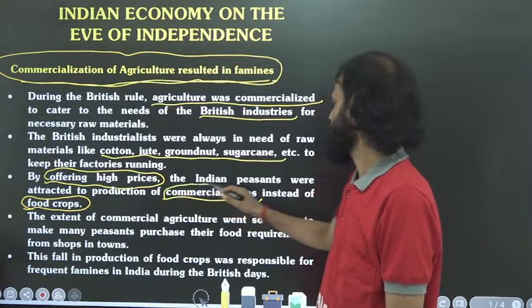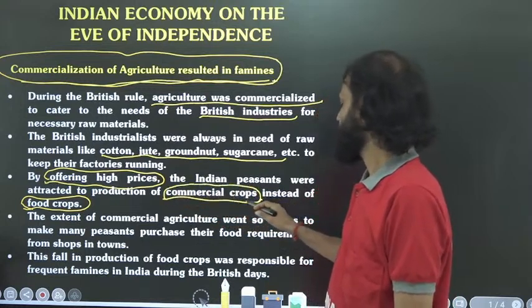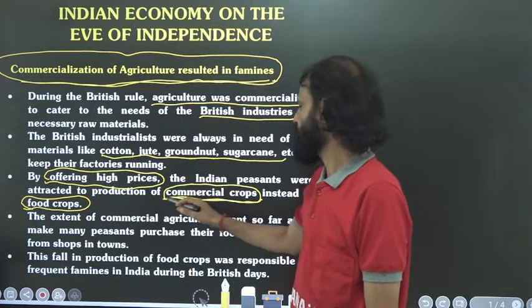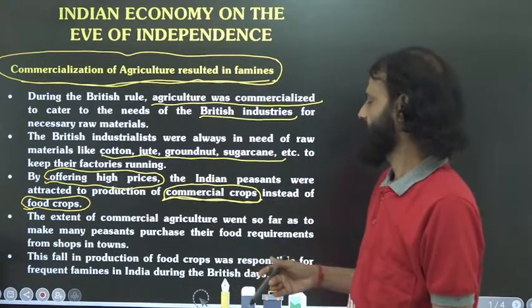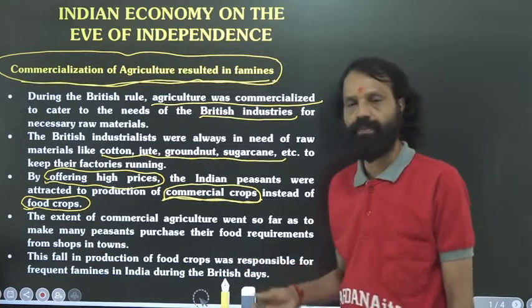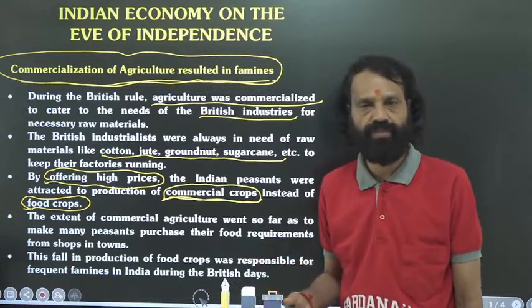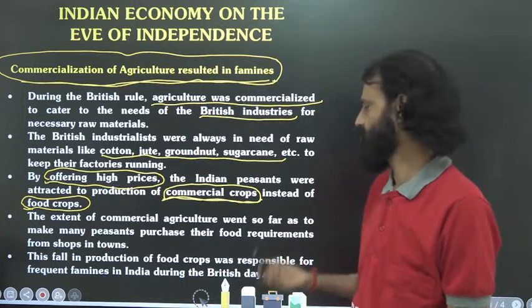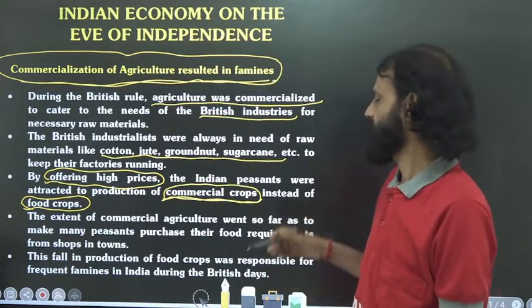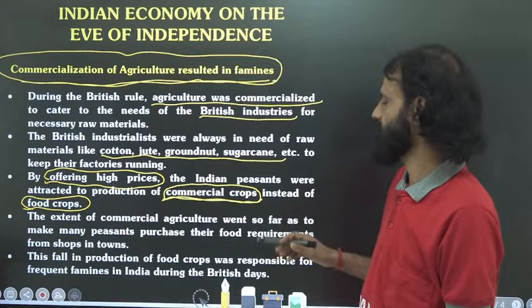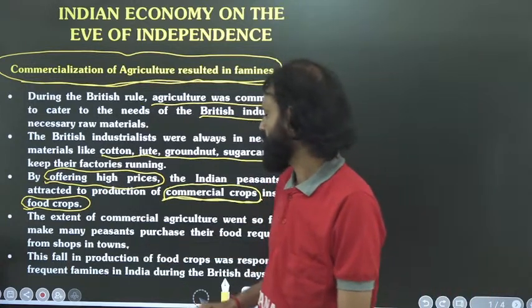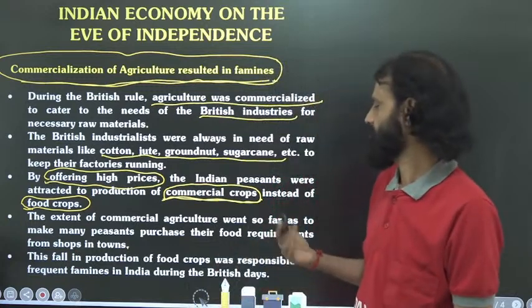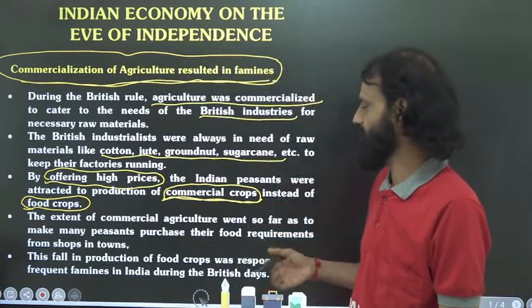So there was scarcity of food available in the Indian market. So most of the people were purchasing food products from the shops, market. Okay, that also made troubles in Indian markets, because of the shortage of food items. Food items were not enough at that time.